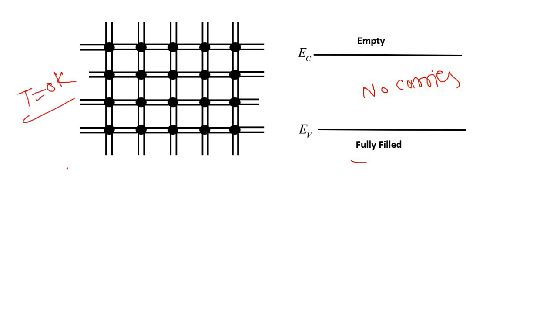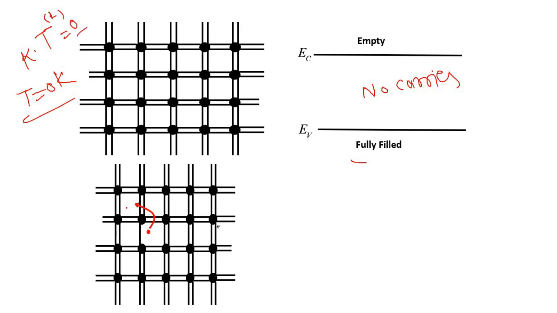Okay. 0 Kelvin is called the absolute temperature. That means no electron has any energy, because the thermal energy is kT, and kT is 0 at T equal to 0 Kelvin. So suppose you have given some energy, T is greater than 0 Kelvin, and one bond is broken.